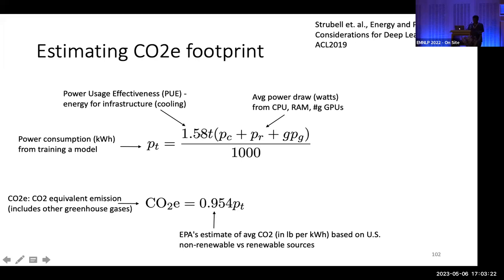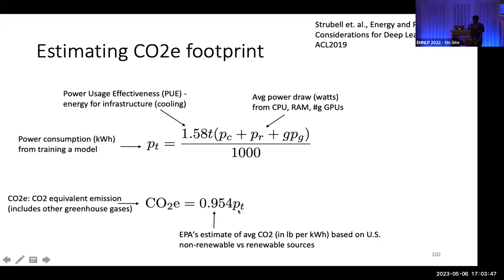Usually this is not trivial. Good data centers have low numbers close to 1, and that's sort of the secret of good data centers. How can they push down this PUE? And this division just converts to kilowatts. So this is how much power your model has consumed during training.